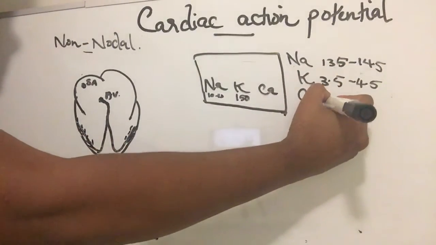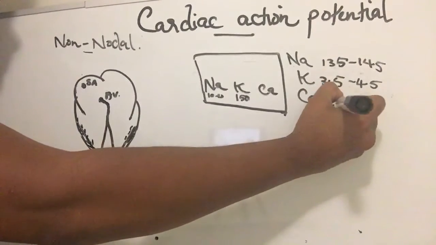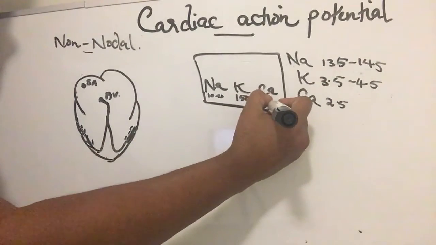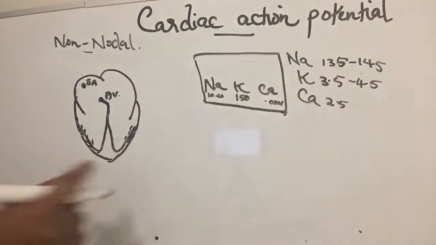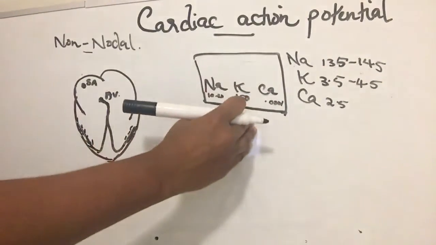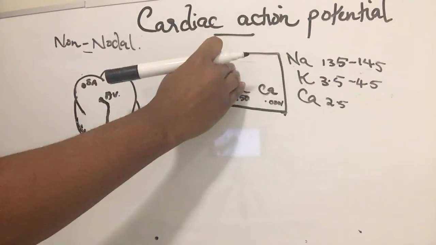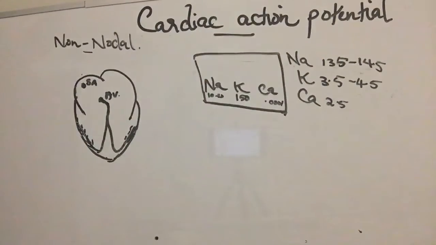Calcium is about 2.5 outside, and the inside is a very small amount. So this difference helps these ions to move into the cell and out from the cell. This produces an impulse, which we call cardiac action potential.